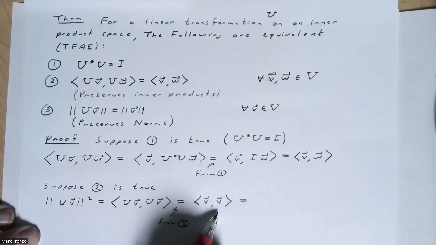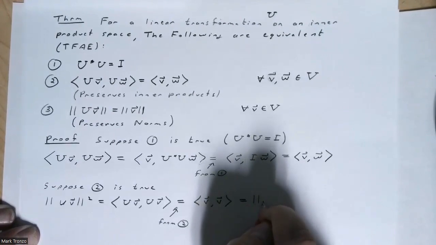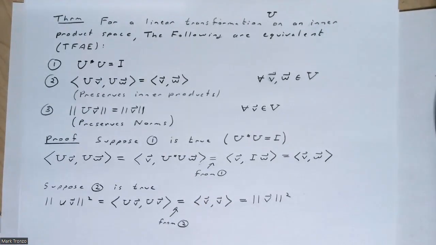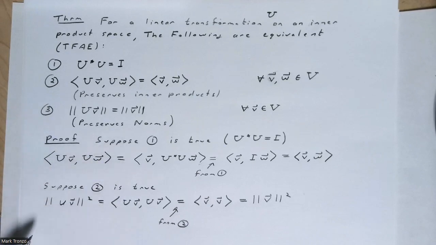And then finally, of course, by definition, if these are the same, we have an inner product, this is going to be equal to V squared. So we've proven that if 1 is true, then so is 2.